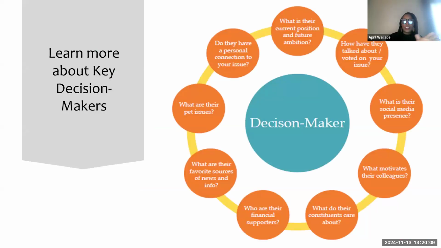Learning about our key decision makers helps us find our pathways to influence, and it really helps us to apply pressure. Details about what motivates those decision makers are extremely important. You want to find a way to connect data and research on your issue to their interests.